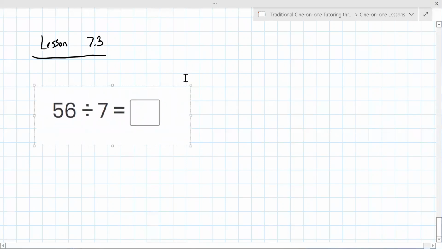All right, so this is just a how-to-multiply problem here. So 56 divided by 7. So that is the same as 7 times some number equals 56. Do you know that value?